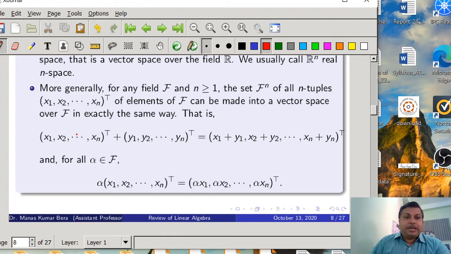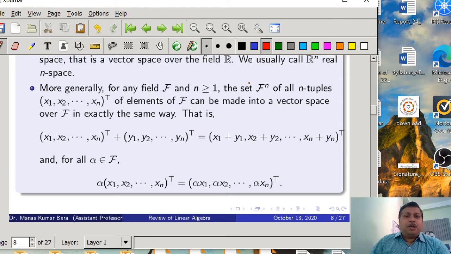You can choose (x1, x2, ..., xn), a vector from Fn, and (y1, y2, ..., yn) transpose, another vector from Fn, and if you add them, the resultant vector will also be from Fn. It will also be closed under scalar multiplication, that is alpha times (x1, x2, ..., xn) transpose is equal to (alpha x1, alpha x2, ..., alpha xn).